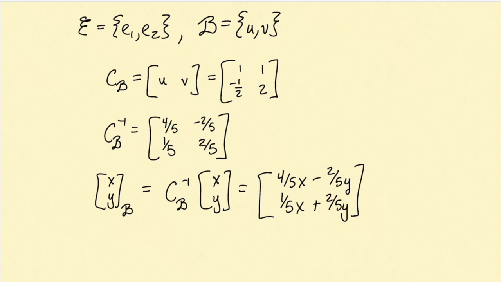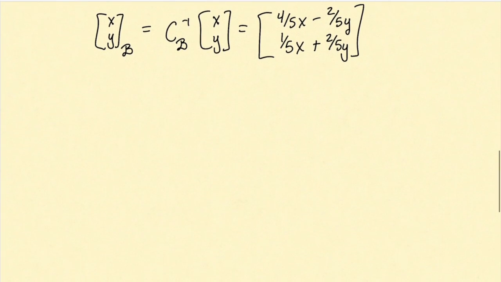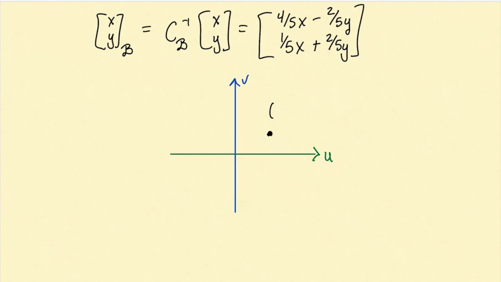Now, if we want to think about this in our new coordinate system, let's draw a quick picture. I have two axes, the horizontal axis, which corresponds to the vector u, and the vertical axis, which corresponds to the vector v. In u and v coordinates, the point that we started with can be expressed with u coordinate 4/5 x minus 2/5 y, and v coordinate 1/5 x plus 2/5 y.